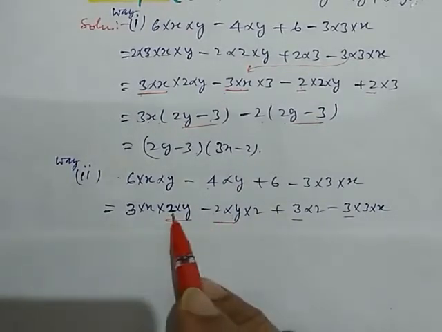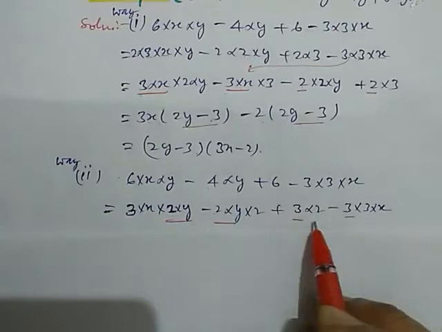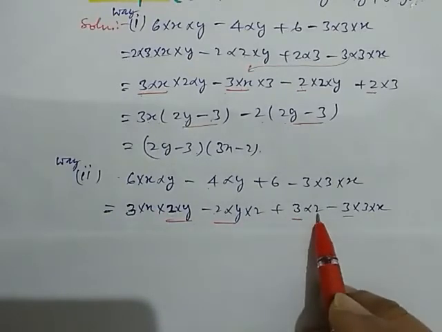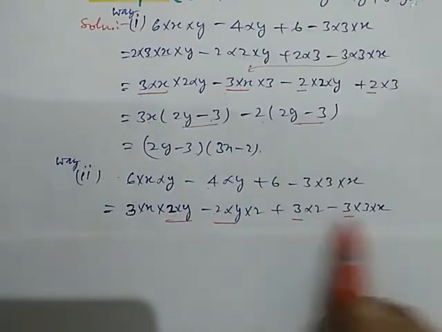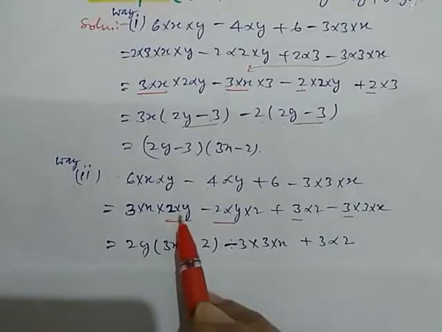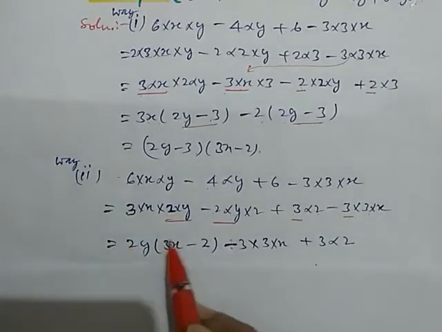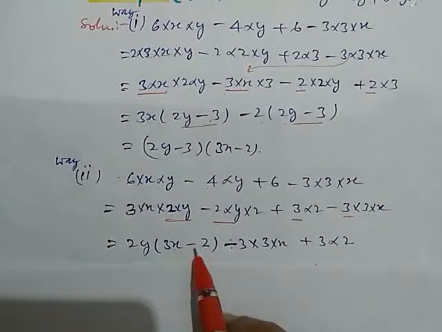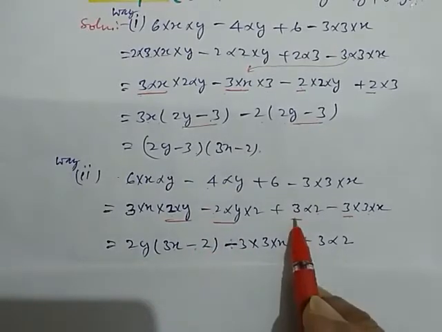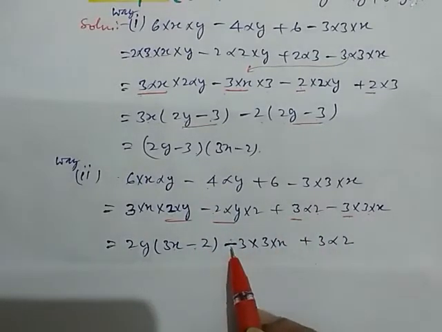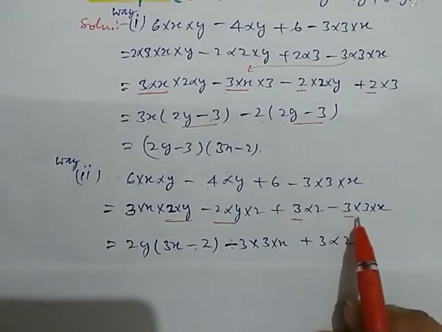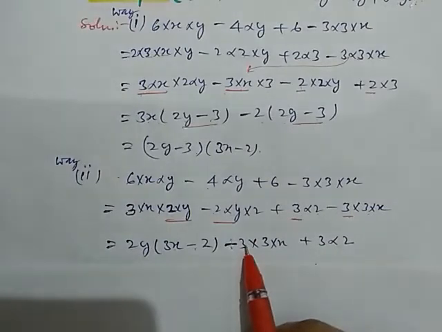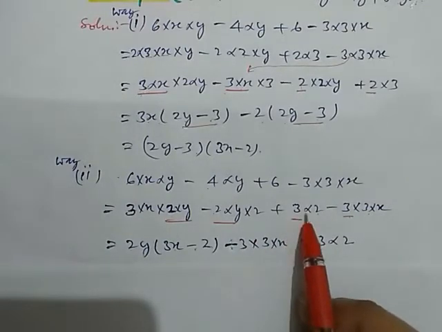So there is 2y common. Now 6 is expressed as 3 into 2, so 3 is common in both the terms. Now we take common 2y. What is left? 3x is left here, minus 2 is left here. Now we take 3 common. But here, first we bring this and write down 3 into 2 last.